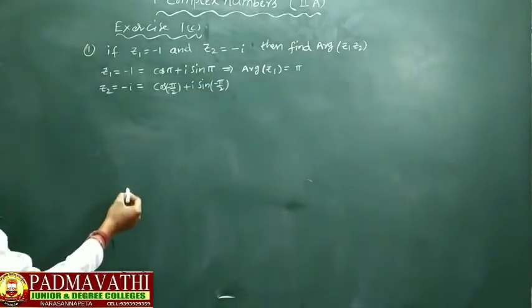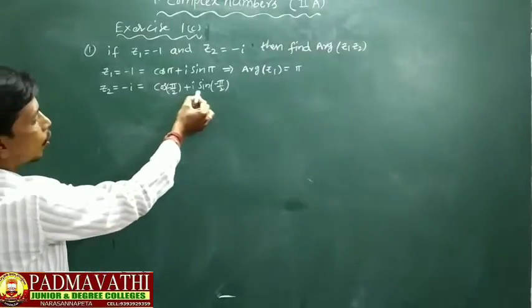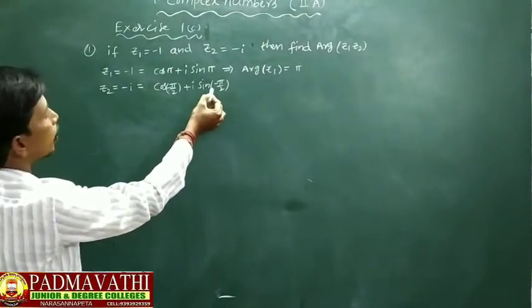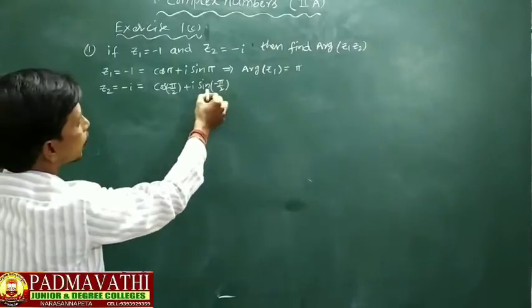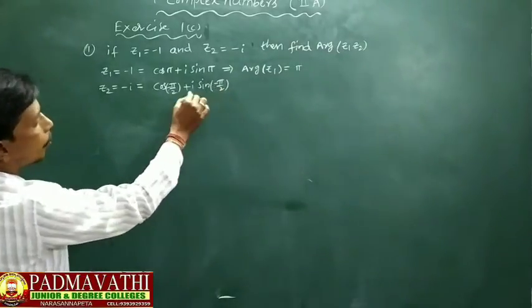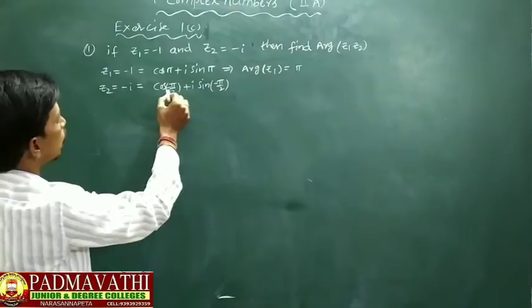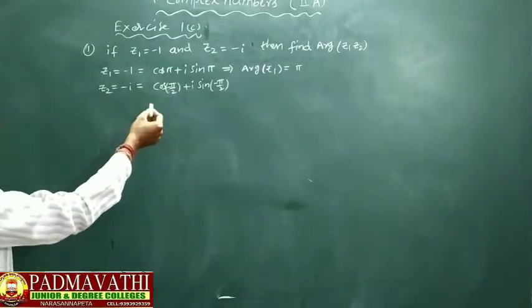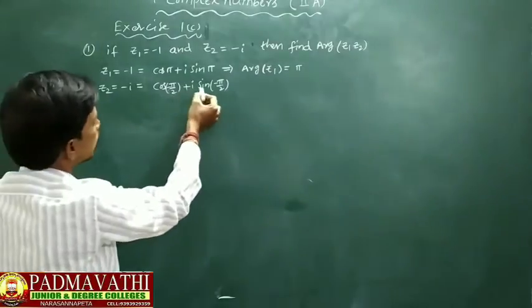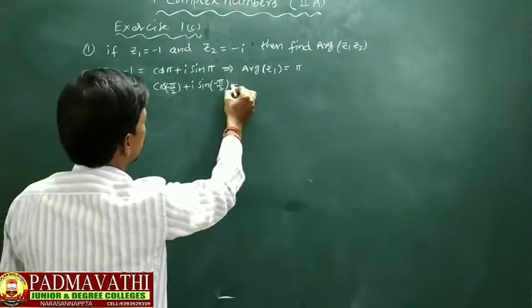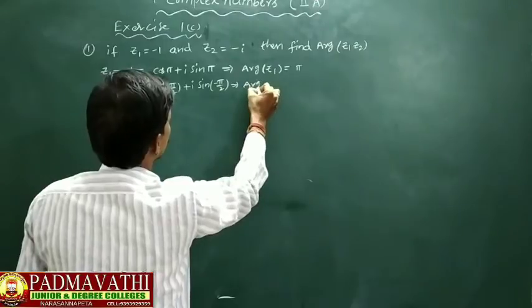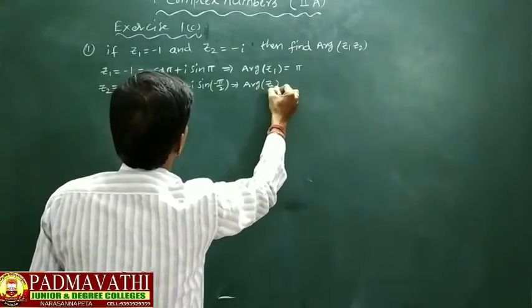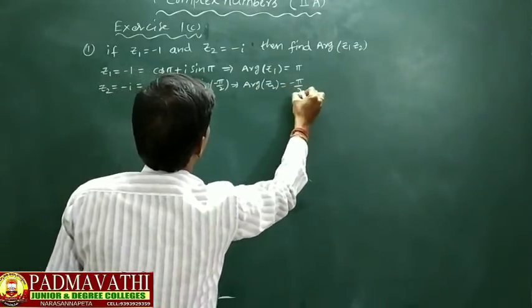Cos 90 is 0, sin 90 is 1, and sin of minus 90 equals minus sin 90. So that equals minus i. So minus i is converted to the form cos(minus pi by 2) plus i sin(minus pi by 2). That implies arg z2 equals minus pi by 2.